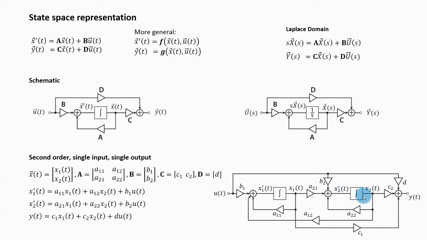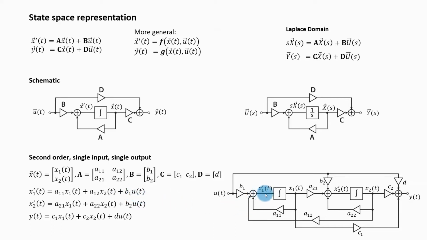Now that I have this core part established, I will fill in the rest using these equations. The derivative of x1 is a11 times x1 plus a12 times x2 plus b1 times u of t. And I have it here.